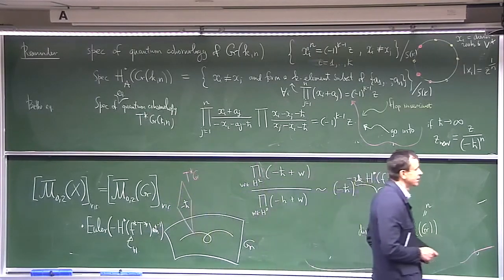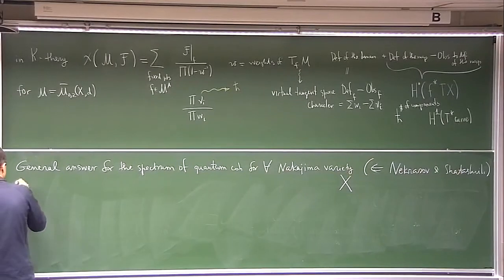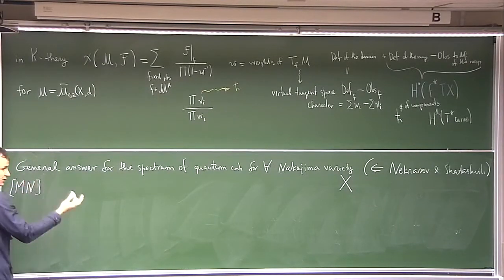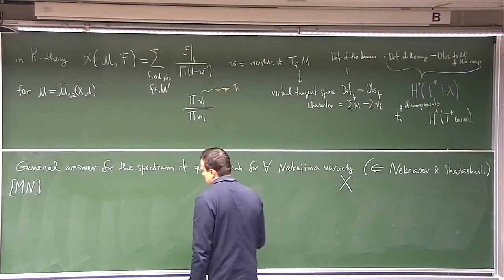So if I have a Nakajima variety X, there's a proof by McGerty and Nevins. It has been expected in general, but with no proof.